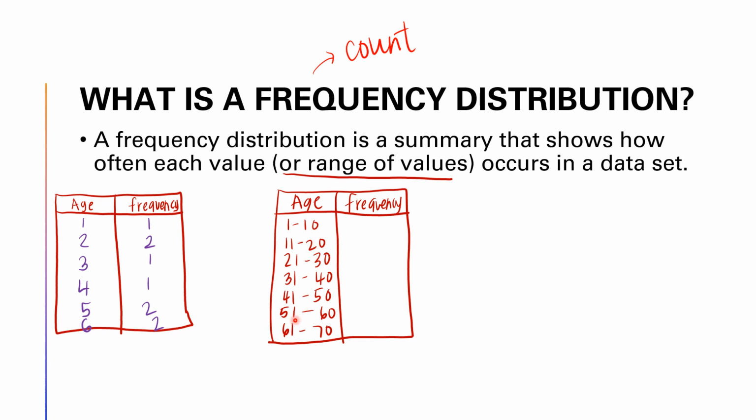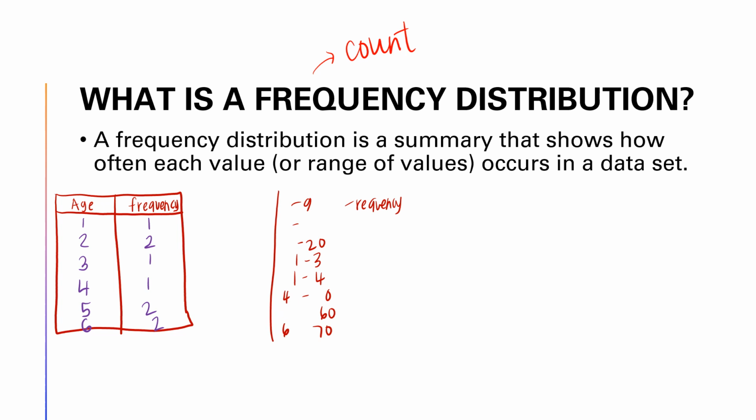And if you have a lot of different values for what your data could be, then you might want to split it up, like we've done here with 1 to 10, 11 to 20, 21 to 30, and so on. So I'm going to erase this. If you need to take a screenshot or get this written down, then you might want to pause it. I'm going to erase it now.